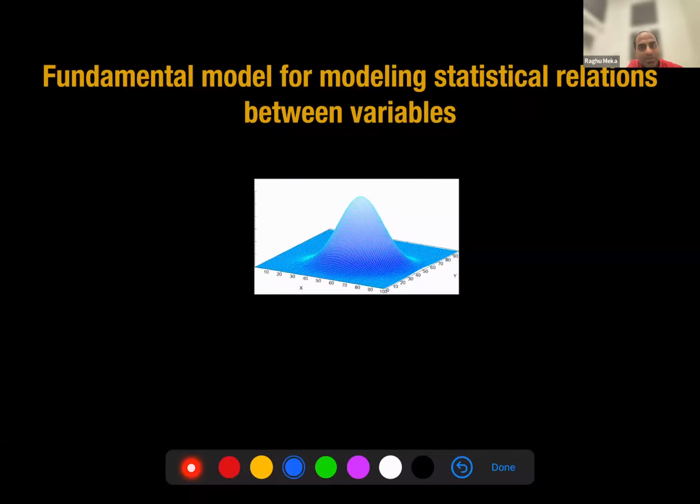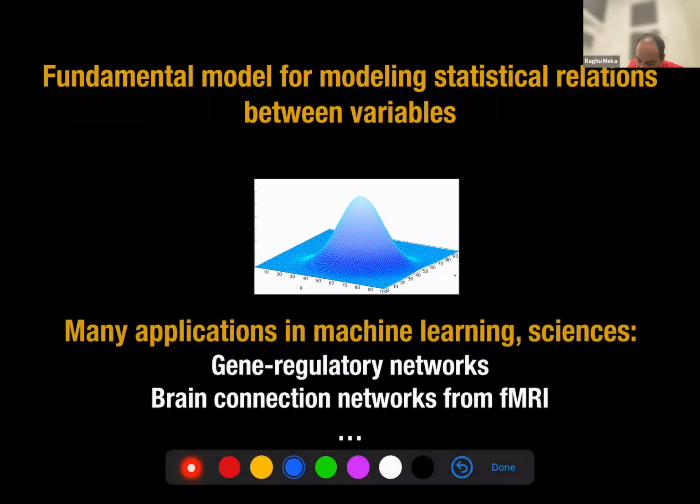You want to make some assumptions, and this is one of the most commonly used assumptions. And they have many applications in machine learning and also in applied science. As I said, they're used to model gene-regulated networks or brain connection networks from fMRI and so on. And it's particularly relevant for these domains because there, the ambient dimension is usually really, really big, whereas the number of samples is much, much smaller.